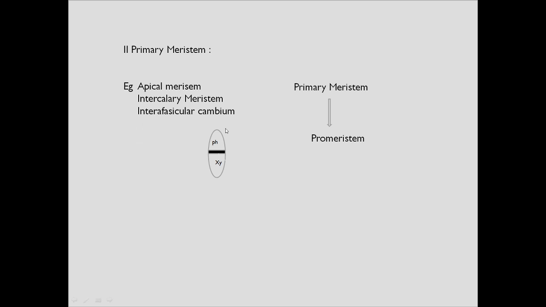Then the cambium in the vascular bundle is responsible for secondary growth. It is formed in the vascular bundle, present in between the xylem and phloem, and that is known as the intrafascicular cambium.